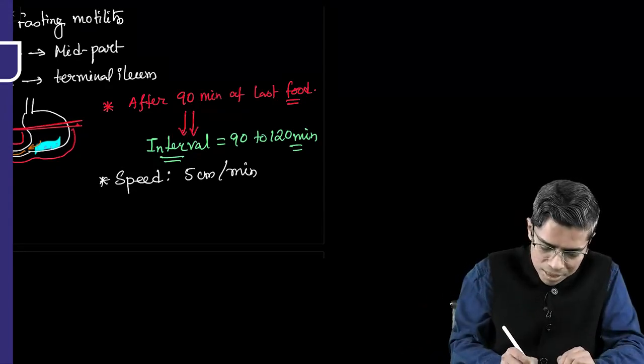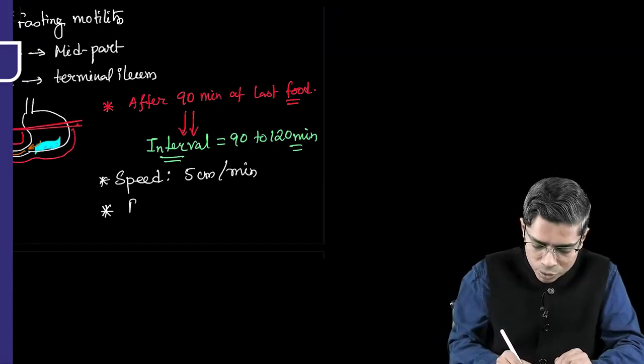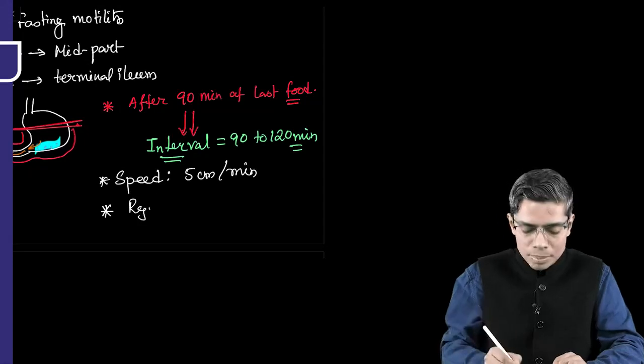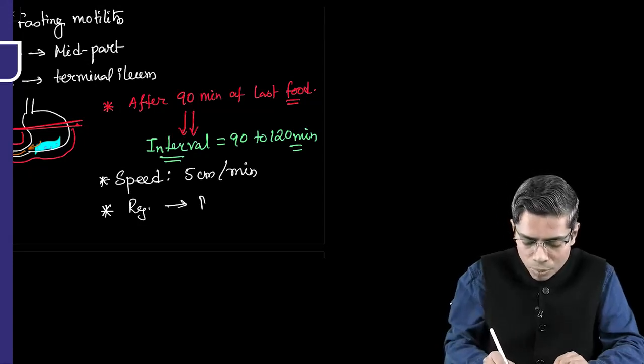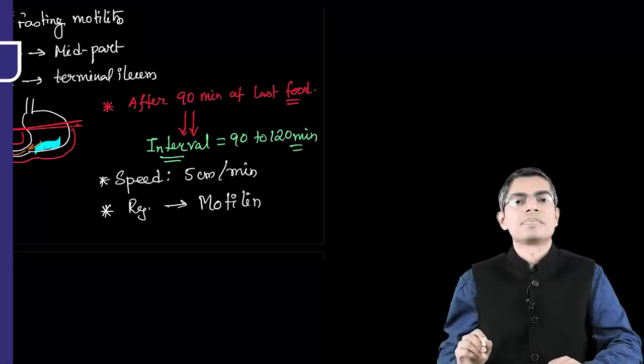An MCQ has also been asked about who regulates the MMC. Please remember, regulation of the migratory motor complex is done by a hormone known as motilin, the motility hormone.